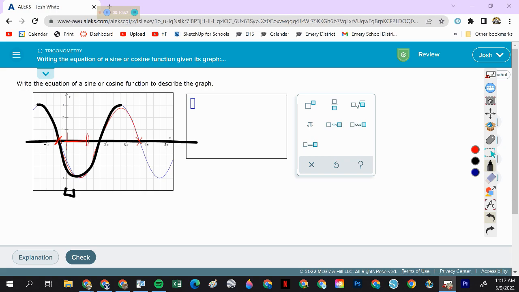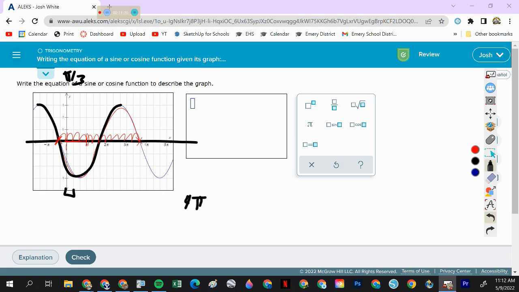So how big is each line? 1/3 of pi. So each line is pi over 3. And then I'm going to count 1, 2, 3, 4, 5, 6, 7, 8, 9, 10, 11, 12. So in this case, the period is 12 copies of pi over 3, which becomes 4 pi.